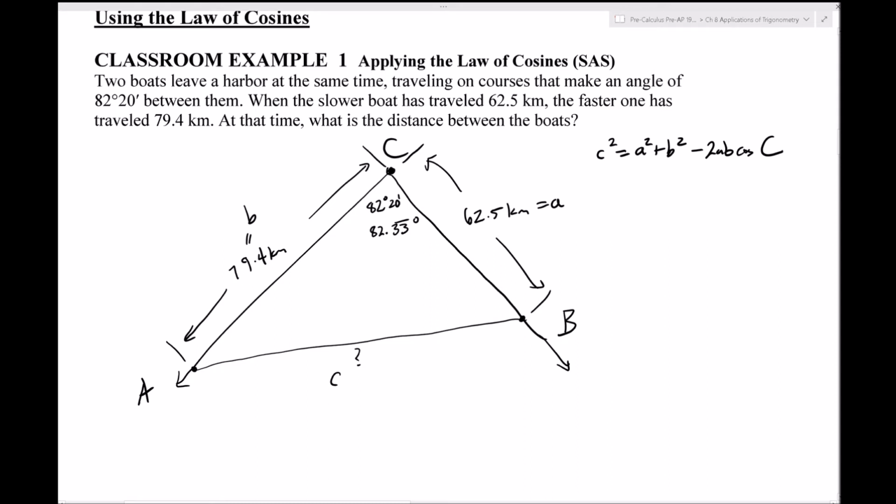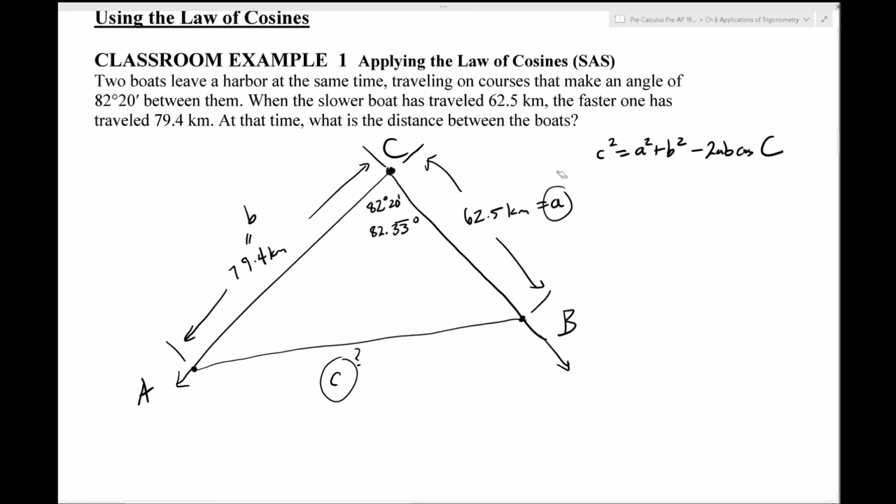So it's an easy geometrical pattern. So little c squared is equal to the sum of the other two squared, a squared plus b squared, minus 2 times, you multiply them, times the cosine of the opposite angle big C. Opposite of what? Opposite of little c.